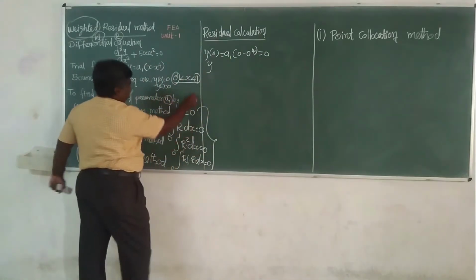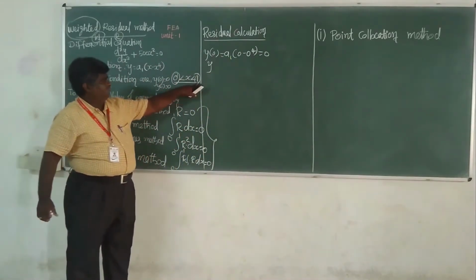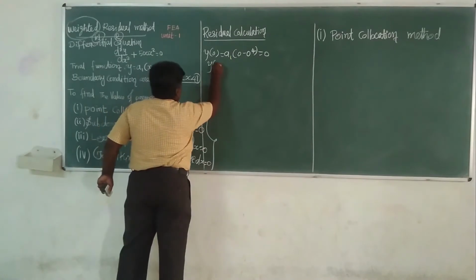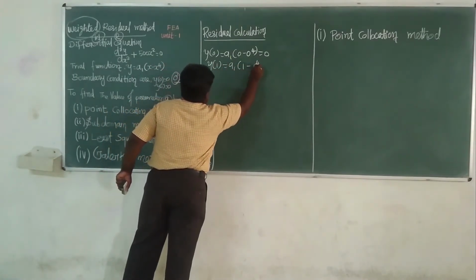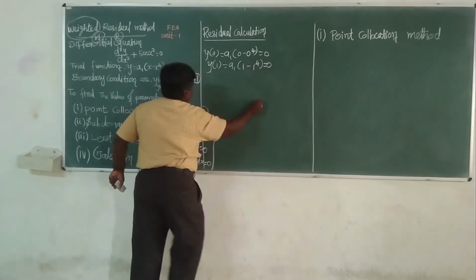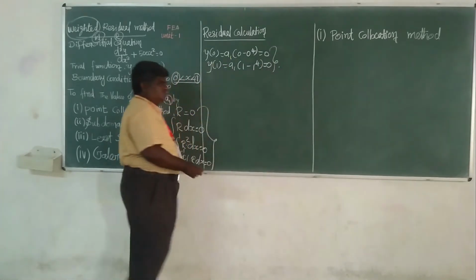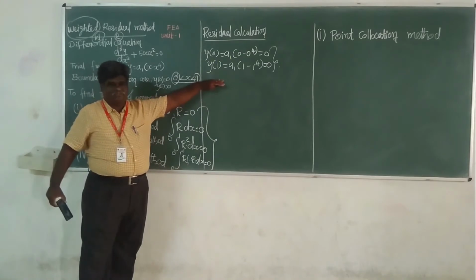Similarly, for the upper limit, y(1) = a1(1 - 1⁴) = 0. So the boundary condition is satisfied.